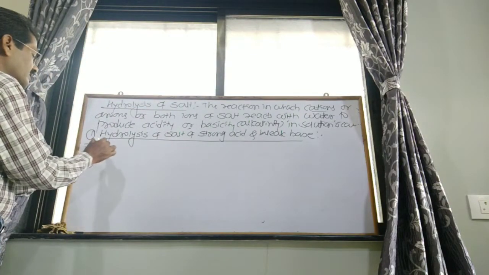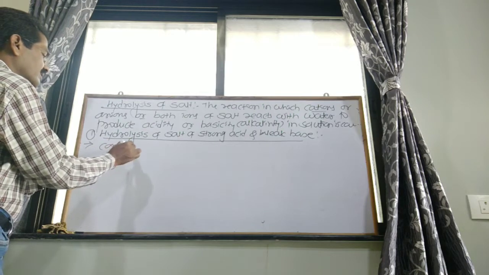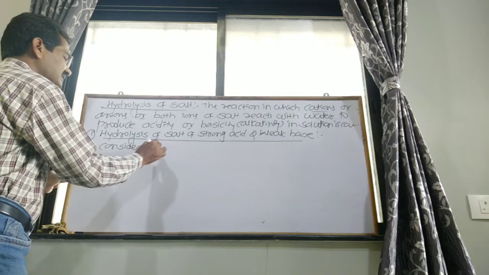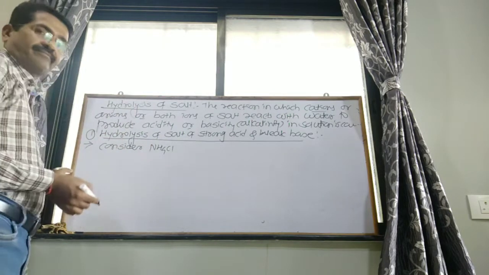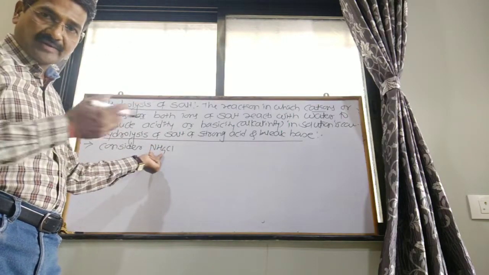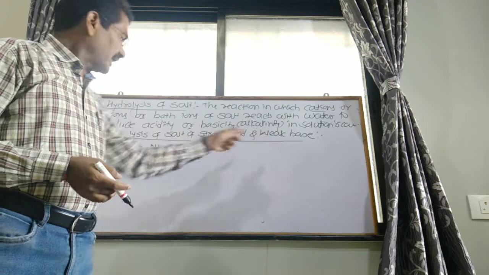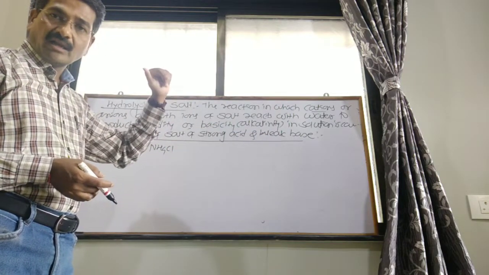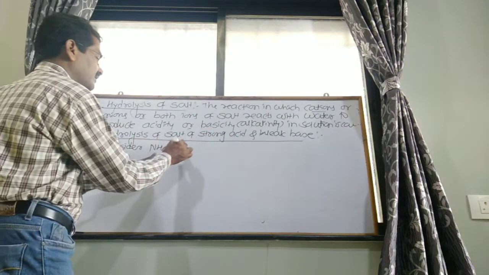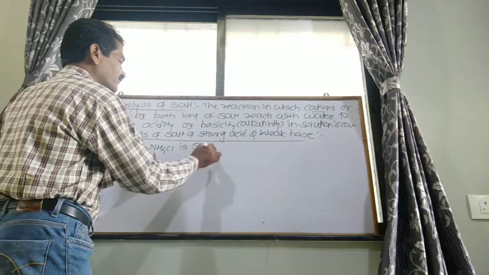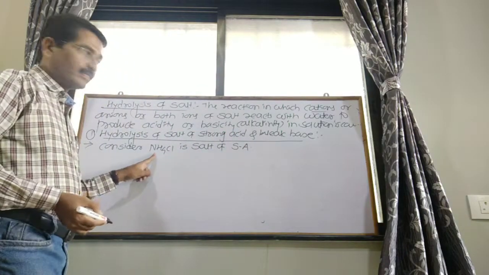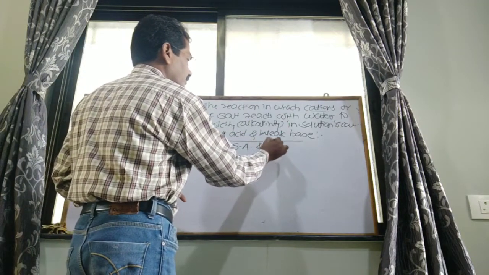See here, consider NH4Cl, ammonium chloride. Ammonium comes from ammonium hydroxide, the weak base, and Cl comes from HCl, hydrochloric acid, the strong acid. Consider ammonium chloride is a salt of strong acid and weak base.